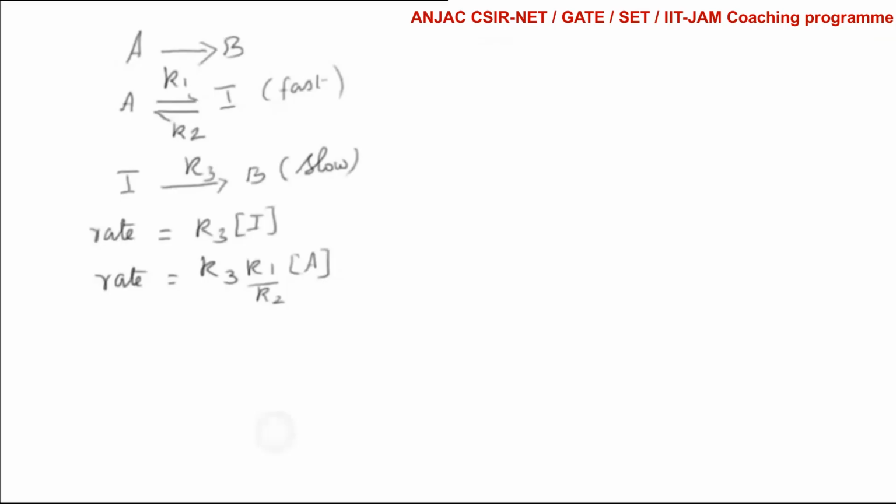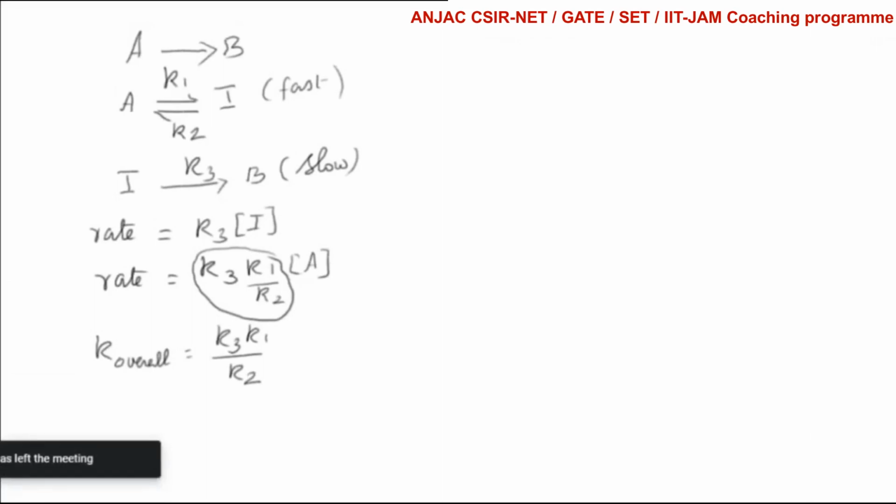And what is the overall rate constant of the reaction? The overall rate constant K overall is equal to K3 K1 by K2. And what would be the overall Arrhenius factor for this reaction?